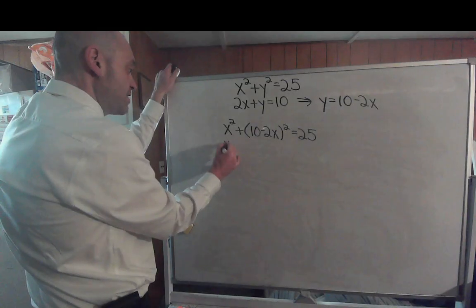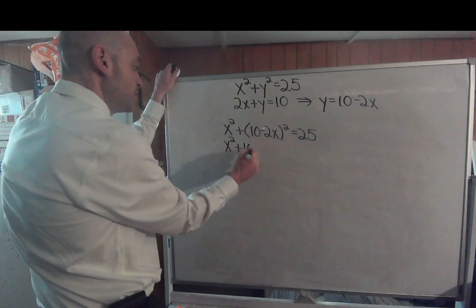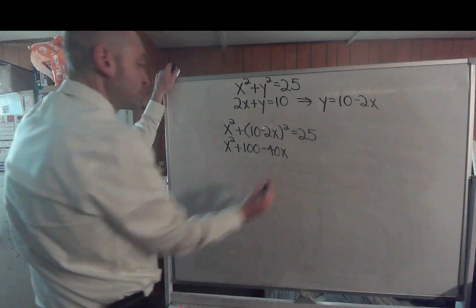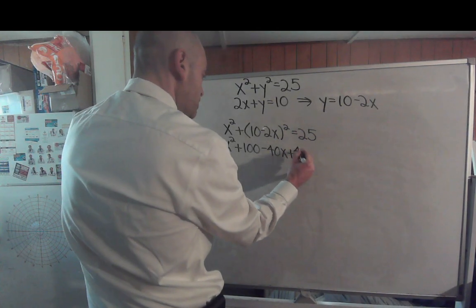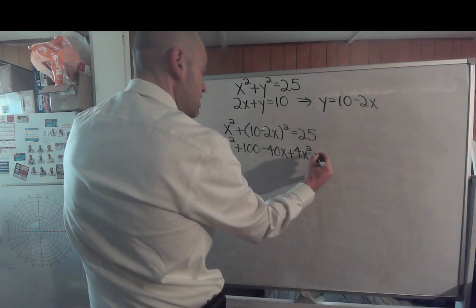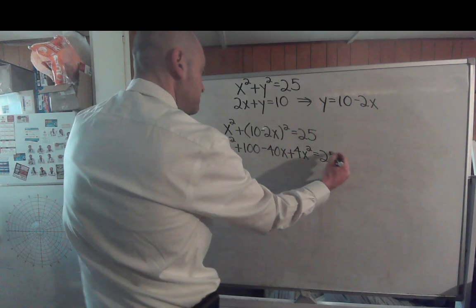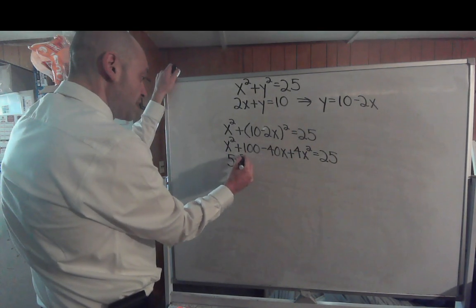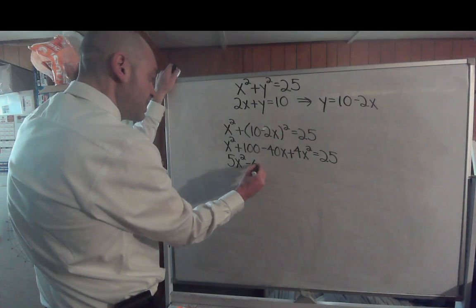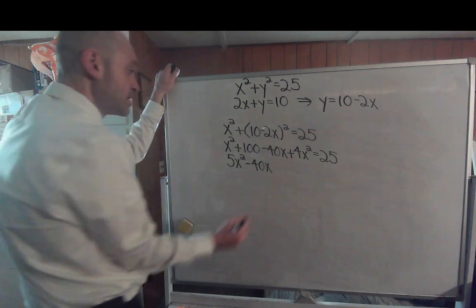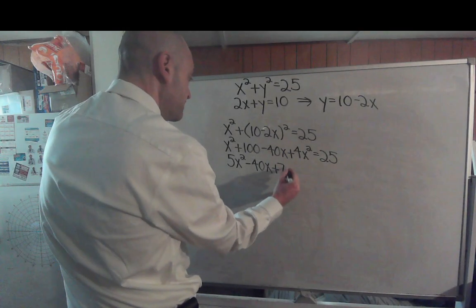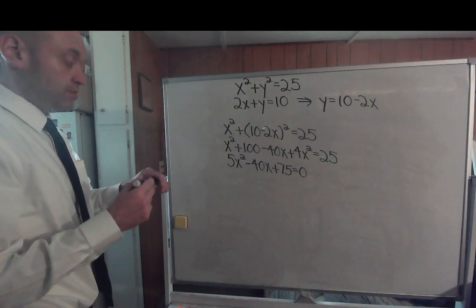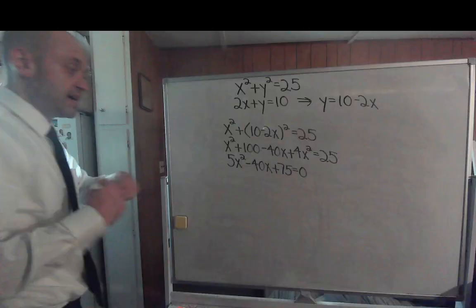So that means you'll have x squared plus 100 minus 40x plus 4x squared is equal to 25, which would simplify into 5x squared minus 40x plus 75 equals 0. Well, we can definitely divide by a common factor of 5.